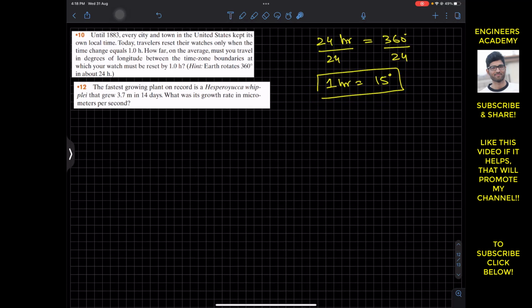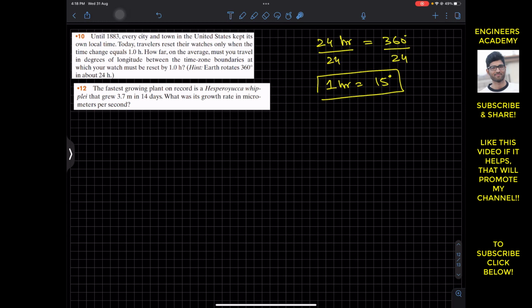Now the next problem is problem 12, and it says that the fastest growing plant on record is a plant that grew 3.7 meters in 14 days. So the growth of this particular plant is 3.7 meters per 14 days.